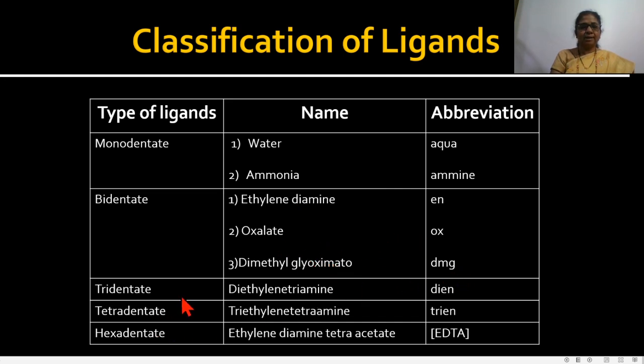Then tridentate ligands, diethylene triamine, dien. Then tetradentate ligands, triethylene tetramine, trien. Then hexadentate ligands, ethylene diamine tetraacetate, EDTA. These are the different examples of monodentate, bidentate, tridentate, tetradentate, and hexadentate ligands.